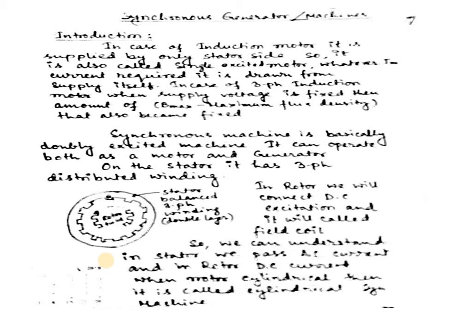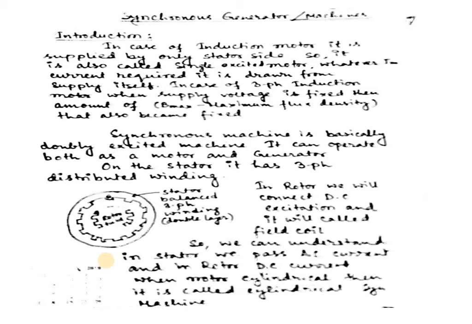Whatever current is required, it is drawn. So in case of three-phase induction motor, when supply voltage is fixed, then the Bmax, that is the maximum flux density, also becomes fixed.